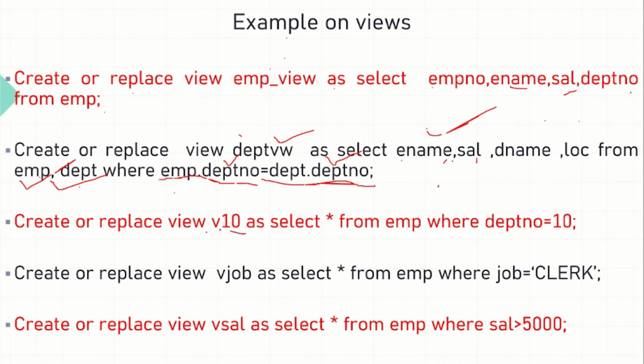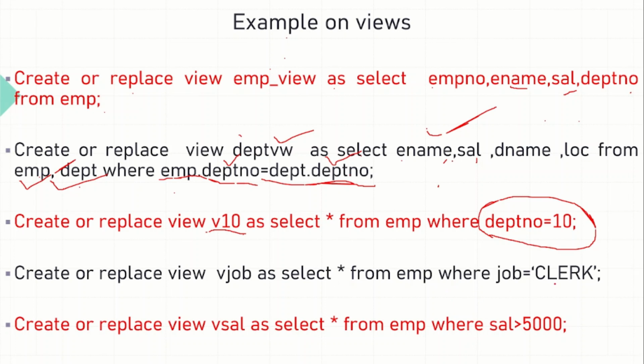This V10 is a view which will have all records of department number 10 only. Any person who deals with department number 10 can be given access to V10, and thereby this person will be able to access data of department number 10 only.